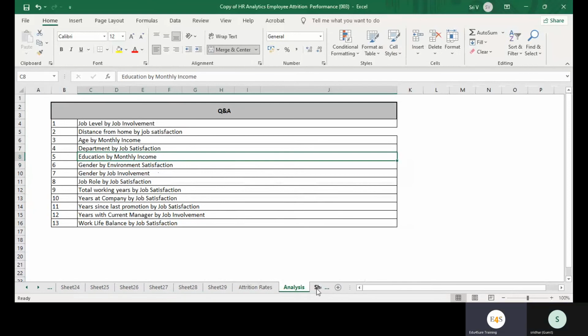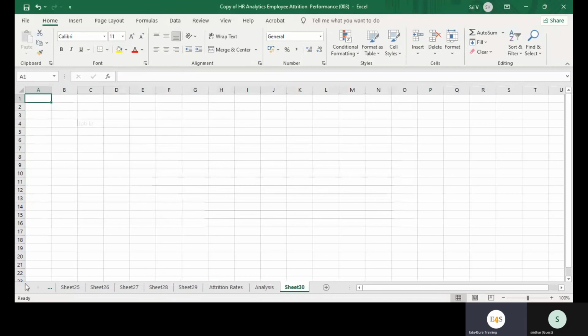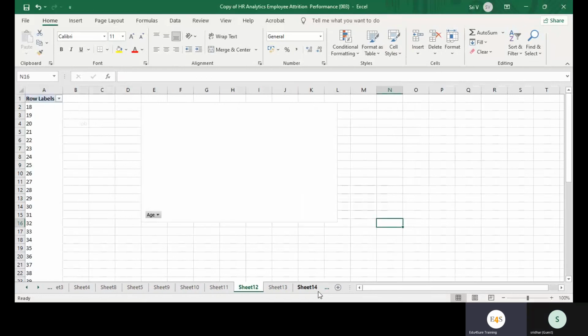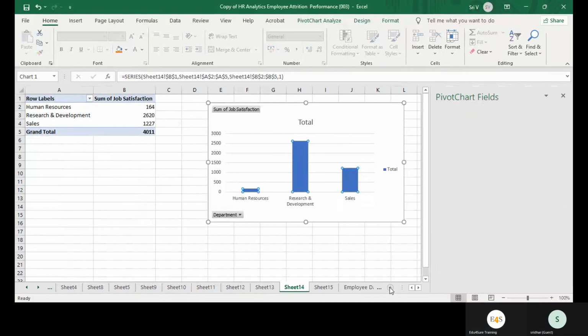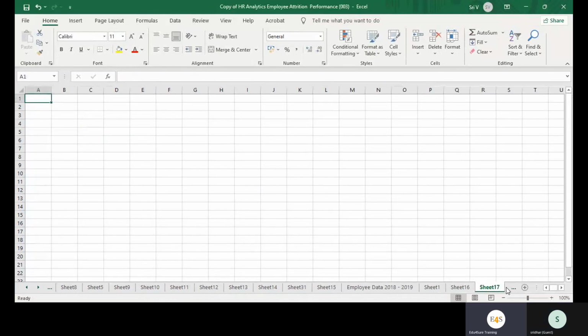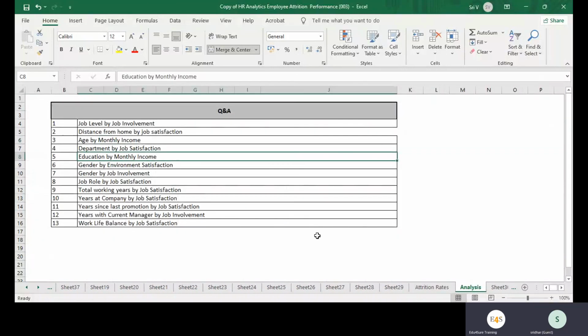Basically you must have seen that females are very finicky when it comes to environment. The seat isn't clean, and all that. You can see that in stats also. Do this next analysis before we wrap up: environment satisfaction versus gender. Gender by environment satisfaction.